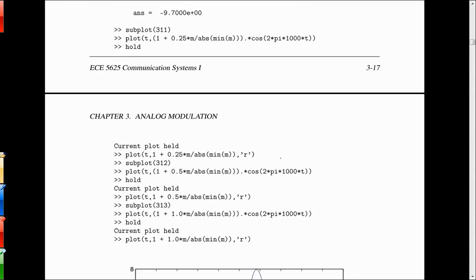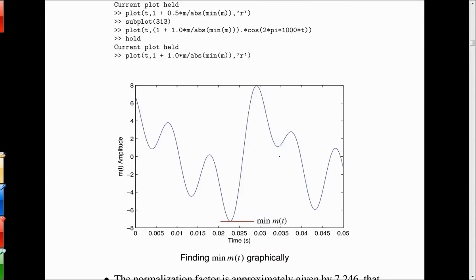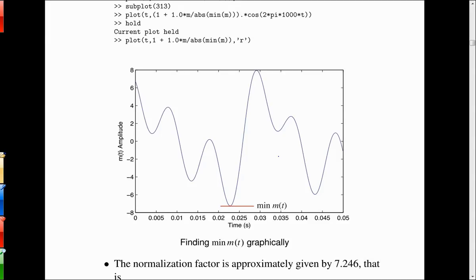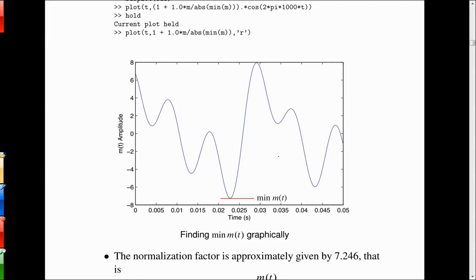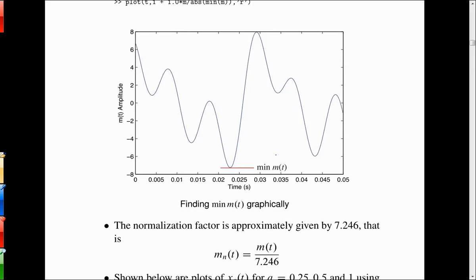I plotted it out and found the minimum value there to be 7.246. It's something like 9.7 or 9.5 if you add the amplitudes up, so it's not quite the worst case. You'd have to divide everything by that value to get the normalized message.